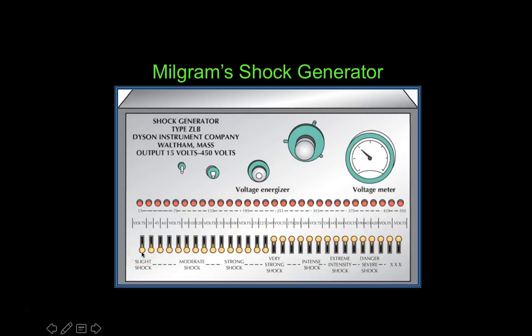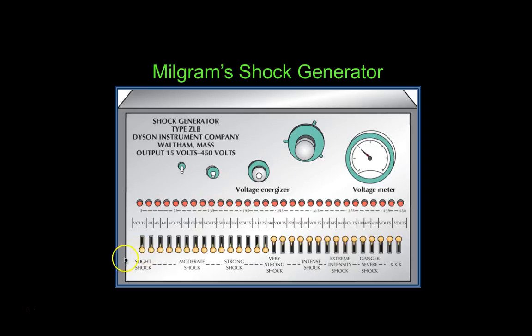So the first incorrect answer, you hit this lever, that stays up so you know where you are. The second incorrect answer, you hit this lever, 30 volts. Third incorrect answer, 45, 60, 75, all the way up to 450 volts, okay?